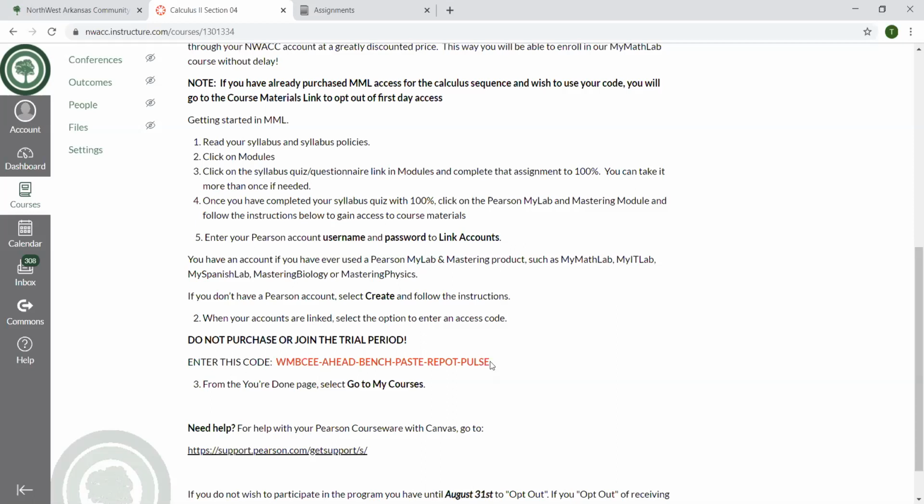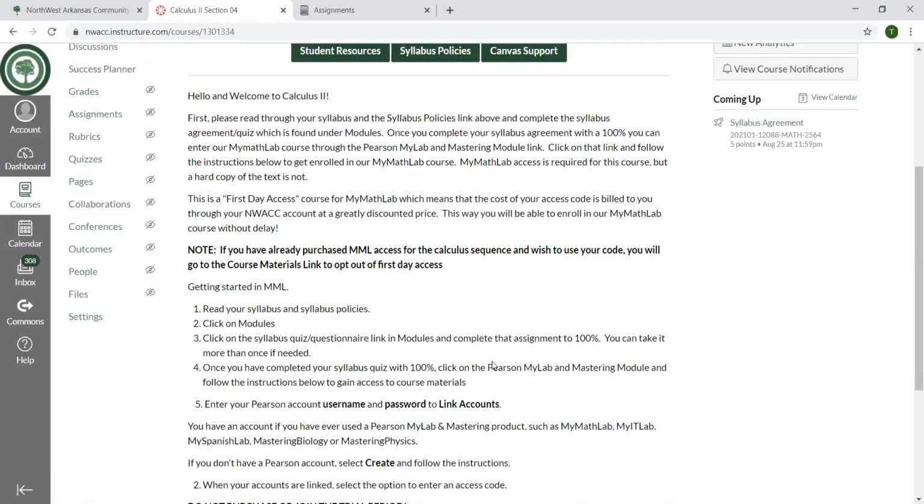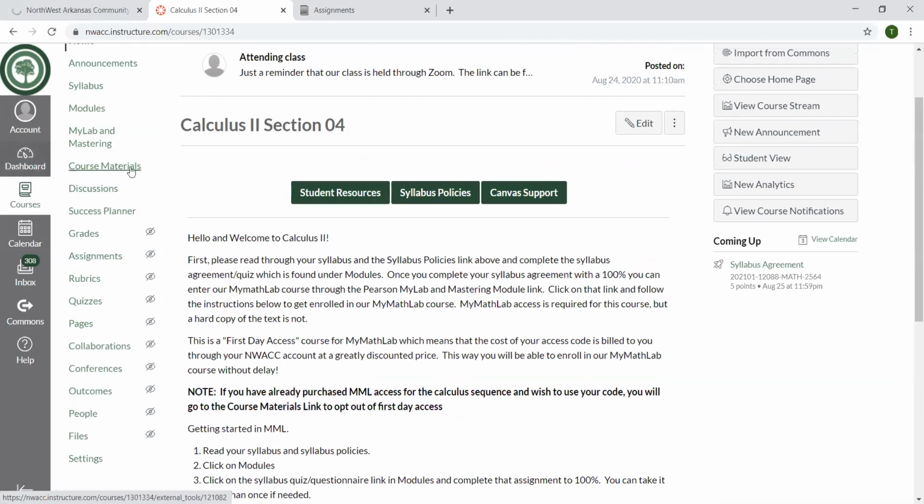Once you use that access code, they know that you will be paying the bill that you received through NWAC. If you don't want to, you can go back up to course materials and opt out and then use whatever code you had. If you had a code from the summer or spring that you still wanted to use and you chose to opt out, then they would remove that charge from your bill. Okay, thank you.